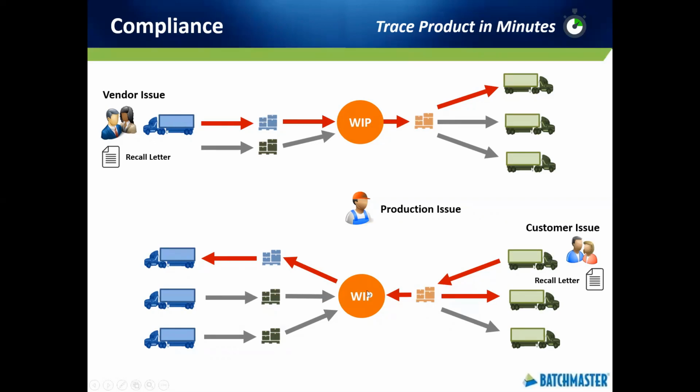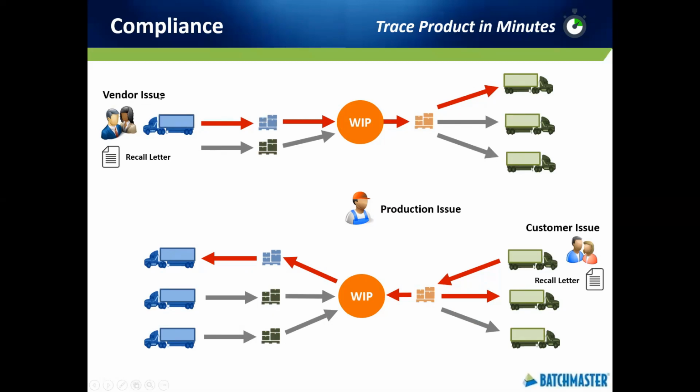Then if we decide that there's issues in the process itself, perhaps there's issues with some of the ingredients or packaging materials, we can backtrack it to that specific vendor delivery.